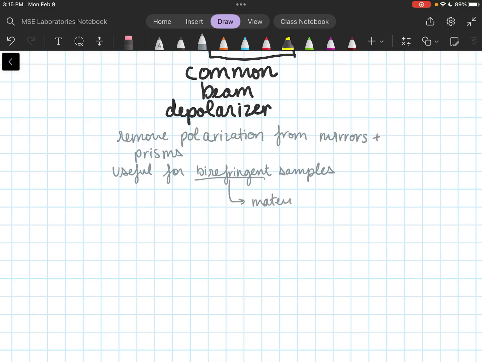And this is a material with 2 or more refractive indices. An index in this case is like direction.